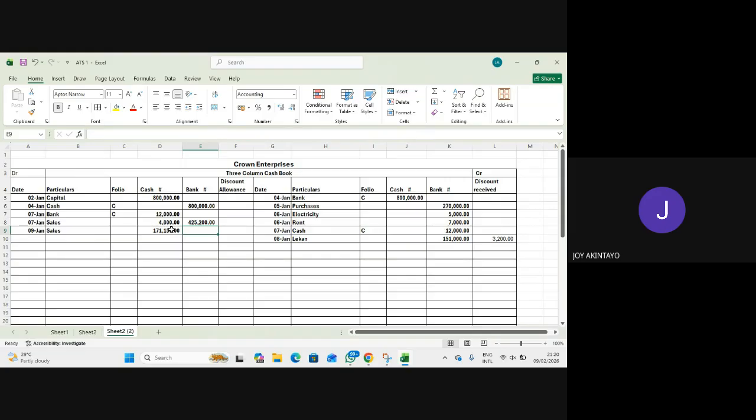How do we record? It will be on the credit side of our cash book. So what's the date? The same date, 9/1. We made the wages under the cash. How much? 5,000 naira.